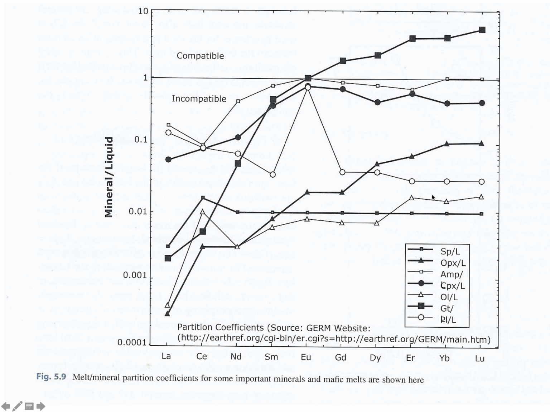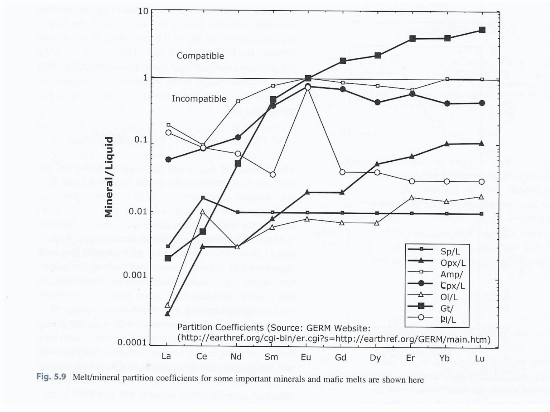What we have here is a diagram for a certain number of rare earth elements. We have light rare earth elements and heavy rare earth elements.